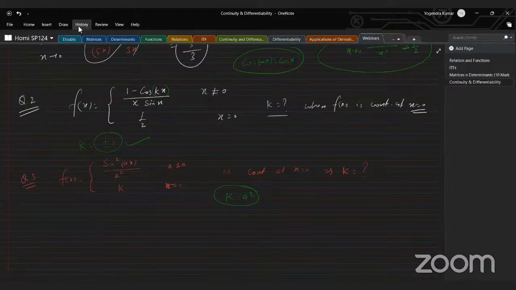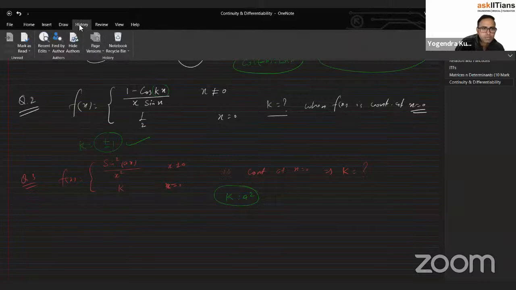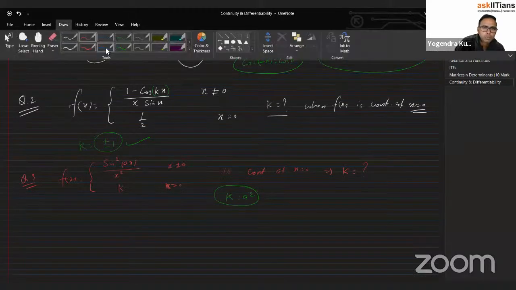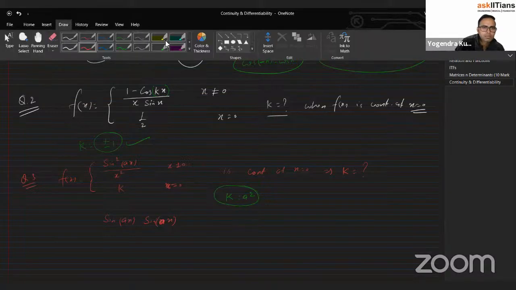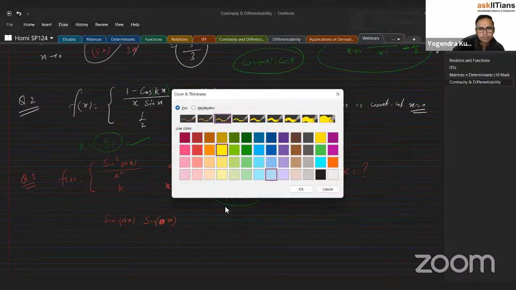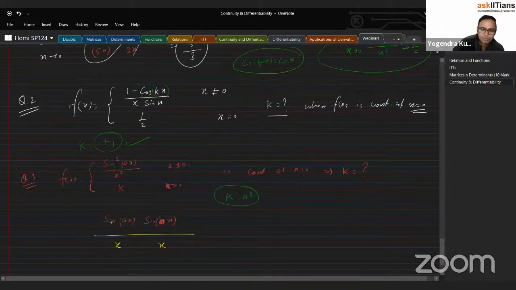Yeah, let me show you. Guys, if anyone is having difficulty when square or cube is given, don't worry about it. What you do here, simply write it like this: sine of AX into sine of AX. Now I need AX down here, and here also AX down.